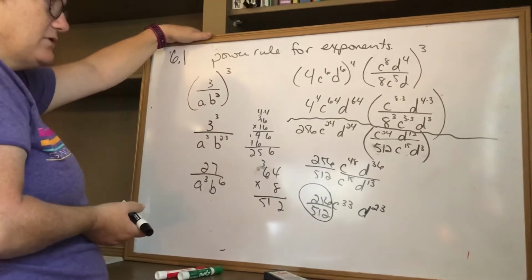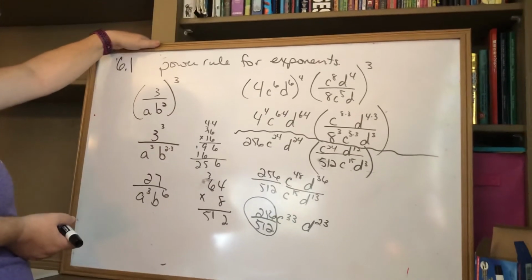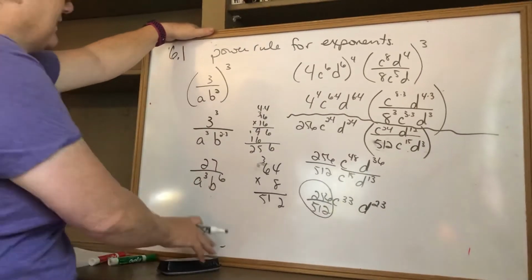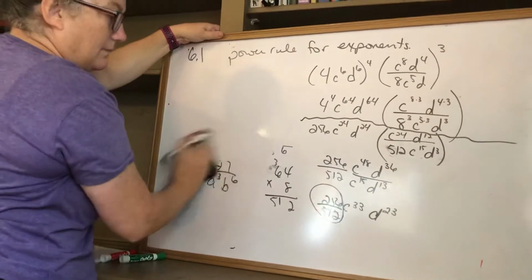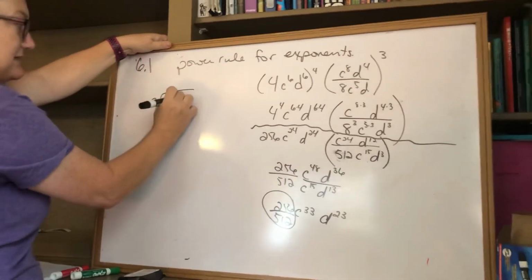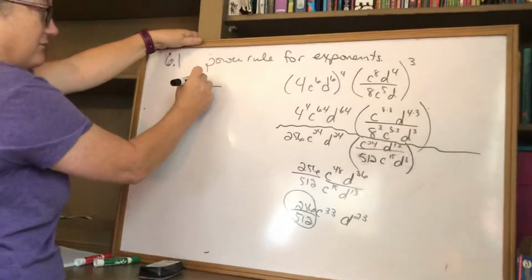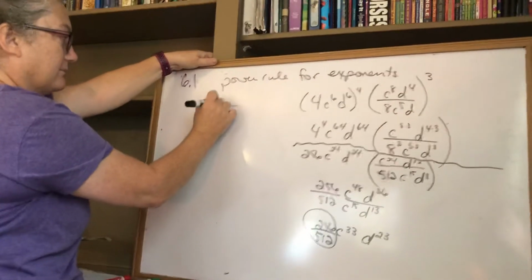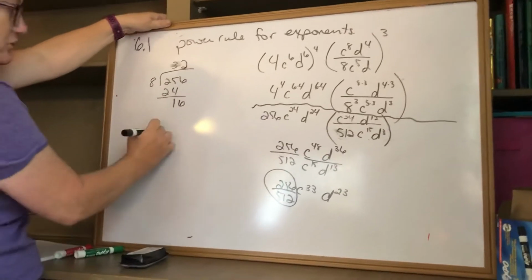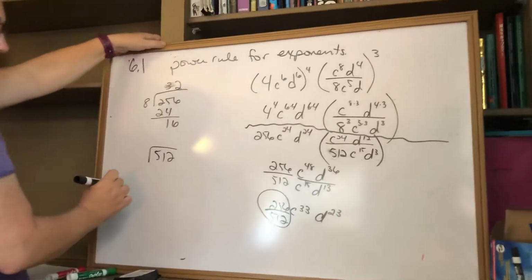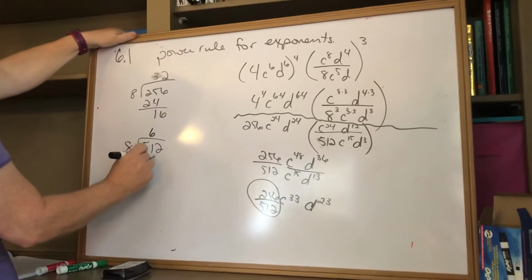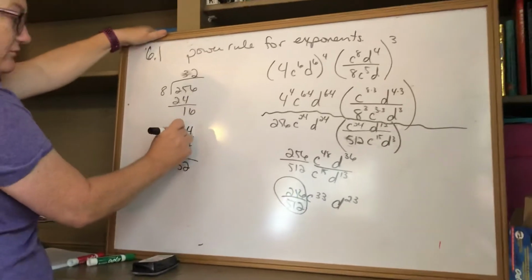And what can we divide both of those by? I'm assuming some 4s in there. So let's go 8 into 256. Let's see if we can get that. 8 goes into 25 3 times. 24, 16, 2. So that would be 32. And the 512 divided by 8: 8 goes into 51 6 times. That'd be 48 with 32 would be 4.